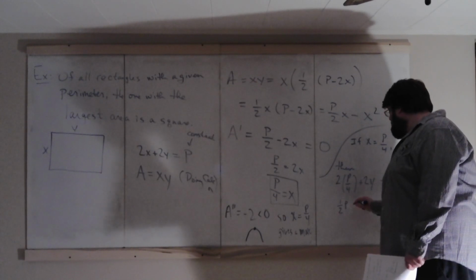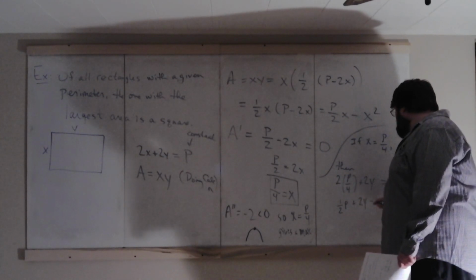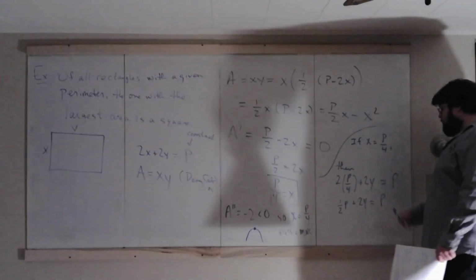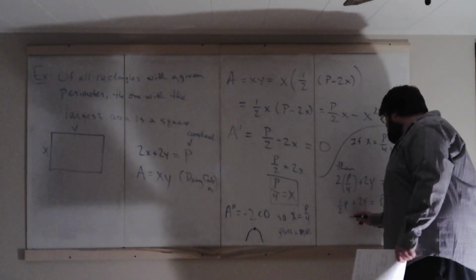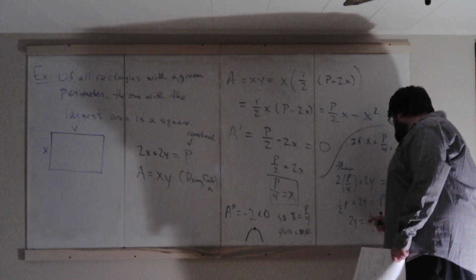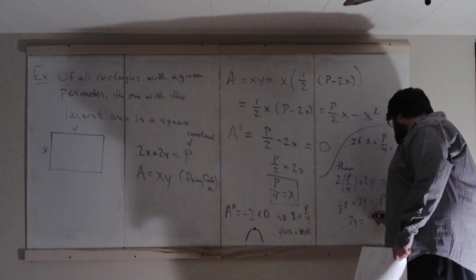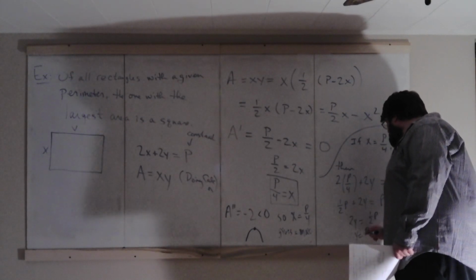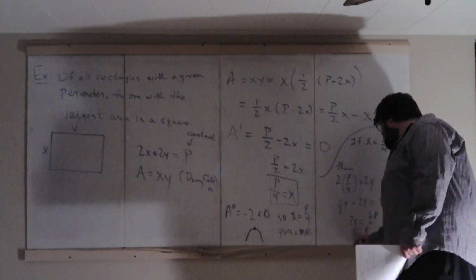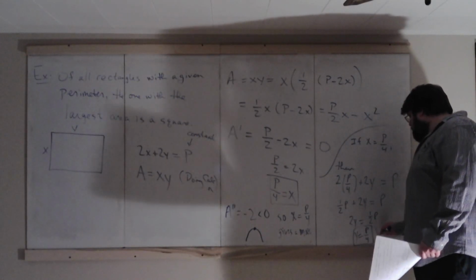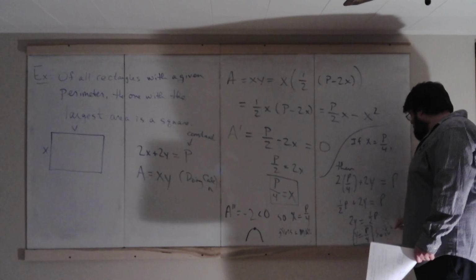So a half P plus 2y equals P. Subtract the half, you get 2y equals a half of P. Solve for y, you get y equals P over 4. So you have y equals P over 4, x equals P over 4, so it's a square.